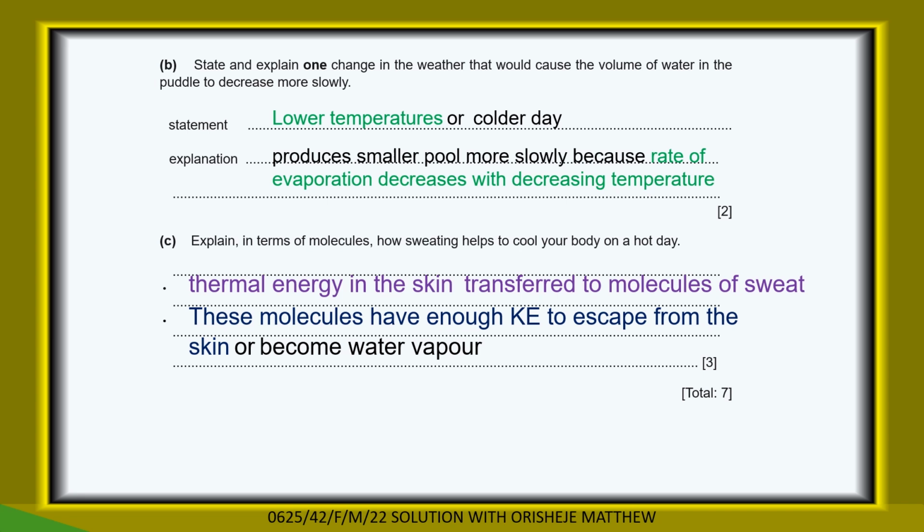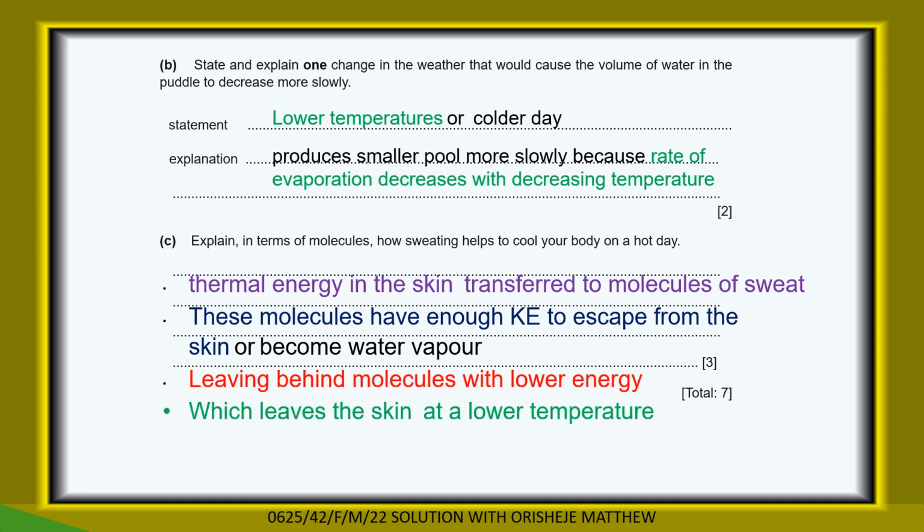And with that, since the molecules with more energy have escaped, the ones remaining on the surface of the body are the ones with lower energy, so the temperature drops, leaving behind molecules with lower energy, and therefore leading to a reduction in your body temperature.